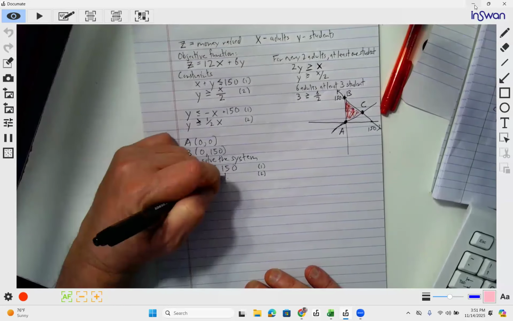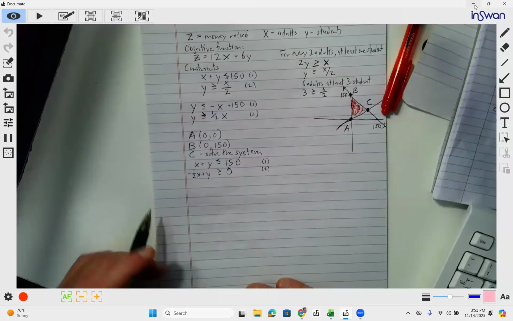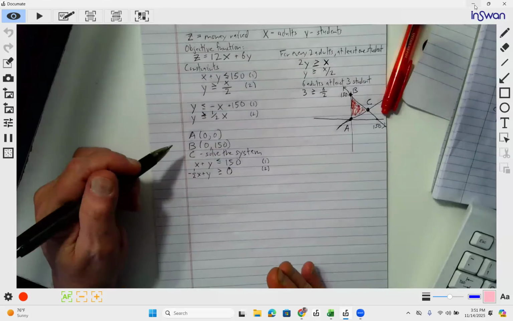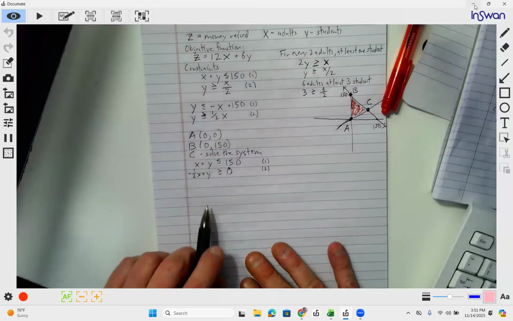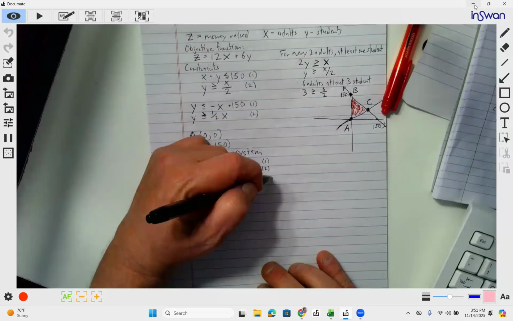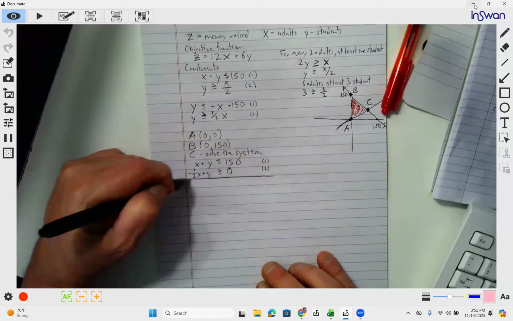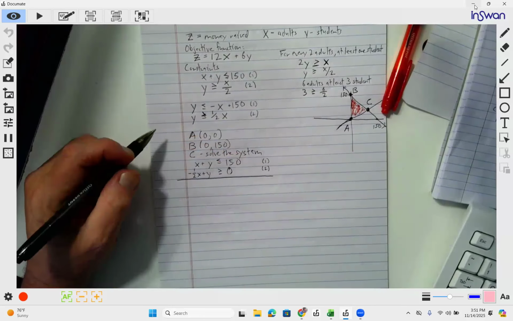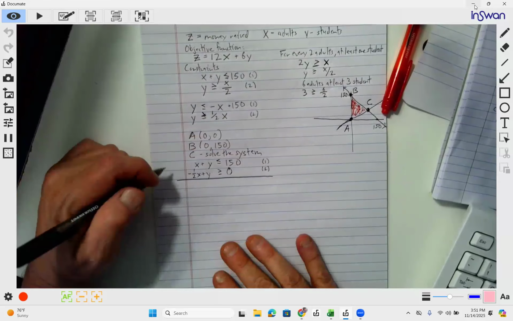It's a hard problem. But this is definitely on the test. So how do I solve a system of equations? Well, maybe I'll cheat a little bit here, right?